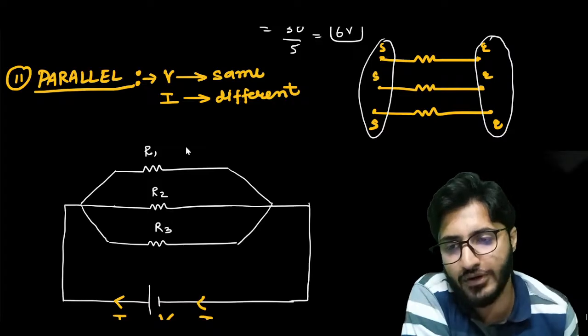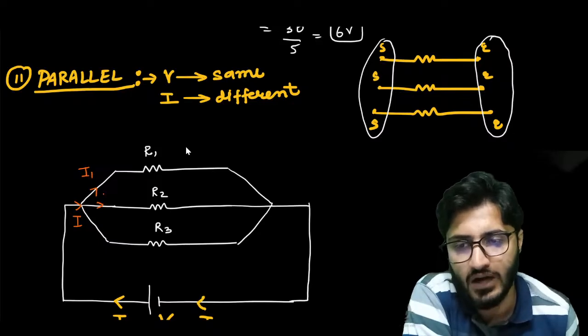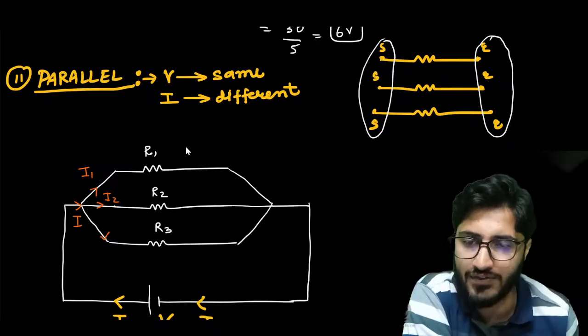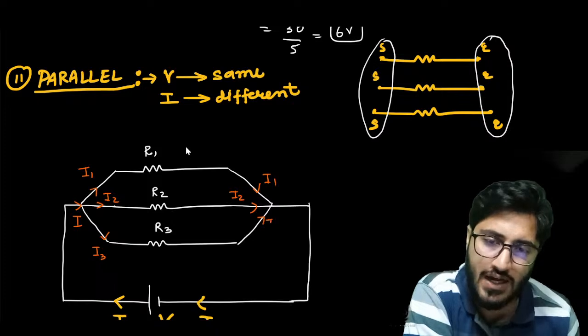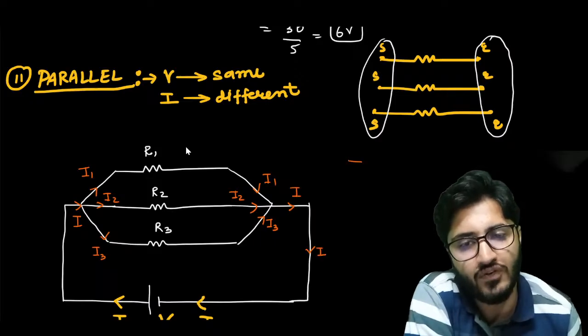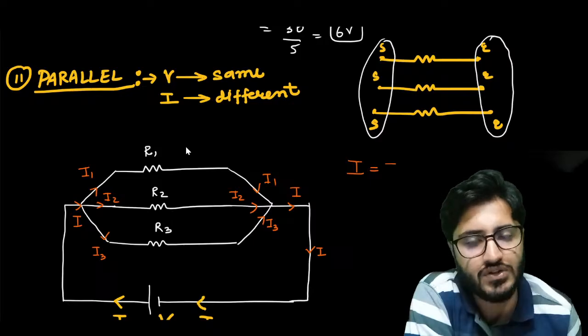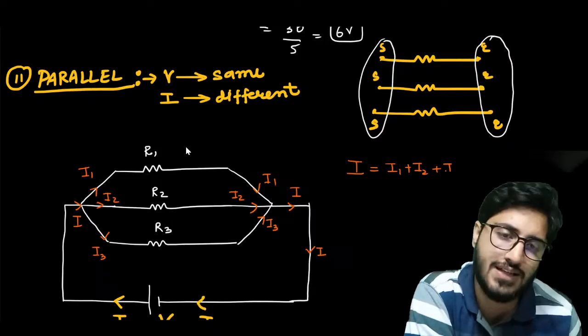At this path, it will divide current in three paths: I1, I2, I3. All these get added up and it will become I. So I is equal to I1 plus I2 plus I3.